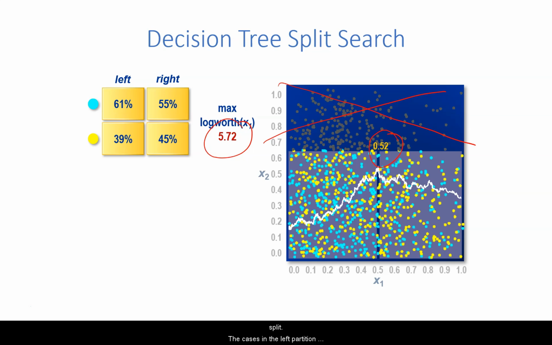The cases in the left partition have the probability of 39% to be yellow, whereas the cases in the right partition have the probability of 45% to be yellow. Is this the next split on the classification tree? Well, we need to first inspect other variables.